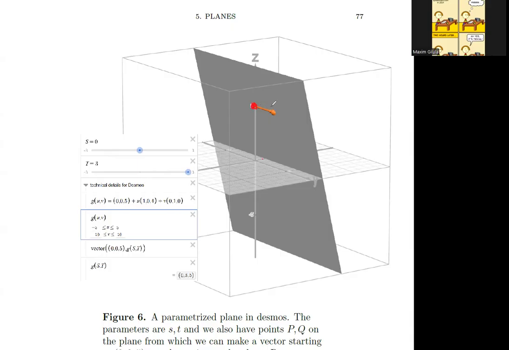And I just see that this vector lies in the plane. Anything from (0, 0, 5) to any other point on the plane is a vector lying in the plane. So if this is P and this is Q, PQ is orthogonal to n. Or if this is R, then PR is orthogonal to n.